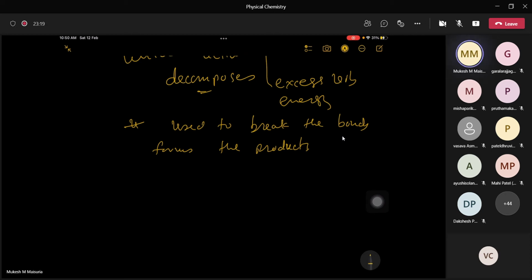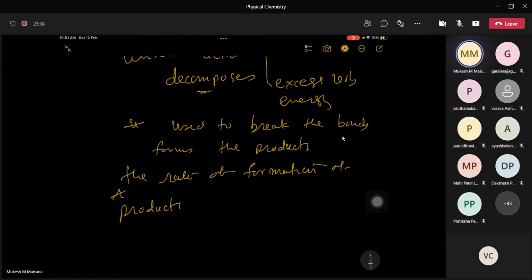So we can say that the rate of formation of products is equal to the frequency of vibrations times the concentration of the activated complex.